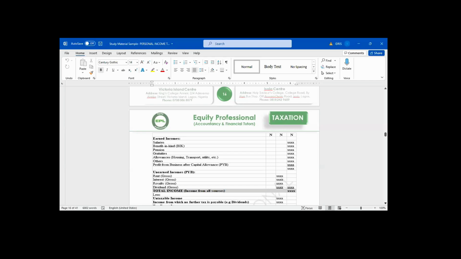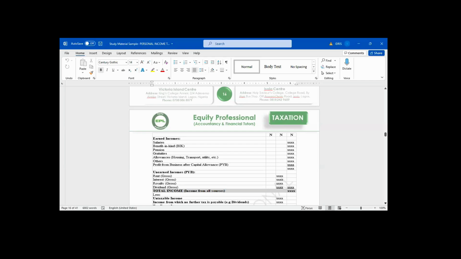What is earned income? Earned income means income derived from service rendered that involves physical and mental effort of the individual. Example of earned income is employment income. When you are into employment, you are earning earned income. This earned income, we divide it into three.